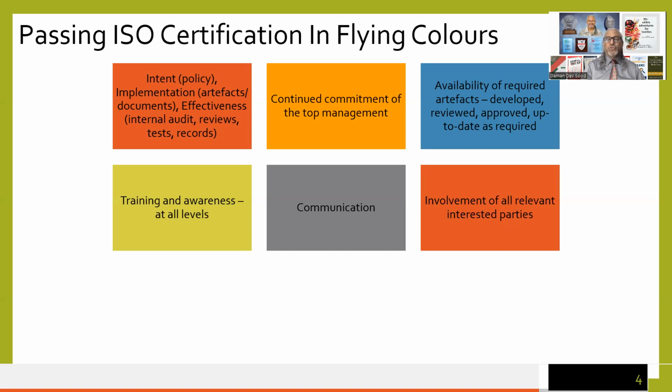So involvement of all relevant interested parties, internally, your employees, but your vendors, suppliers, customers all play a role in your program. Example that I have been taking again and again is a business continuity program, but these concepts are same for any ISO standard certification.